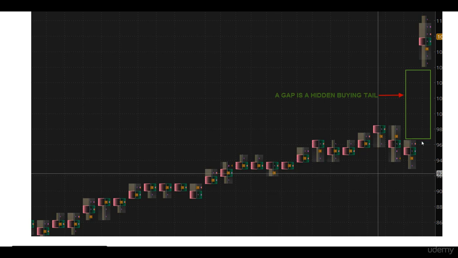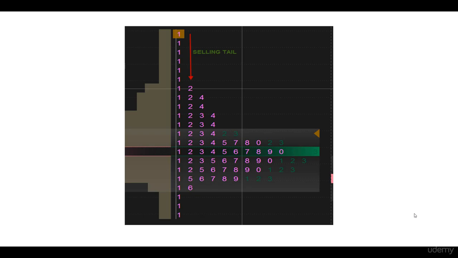This forms a gap. A gap is considered to be a hidden buying tail. Similarly, if the gap had formed here somewhere, it would be a hidden selling tail. A gap is considered to be a strong buying tail. As I was showing, this is a selling tail.